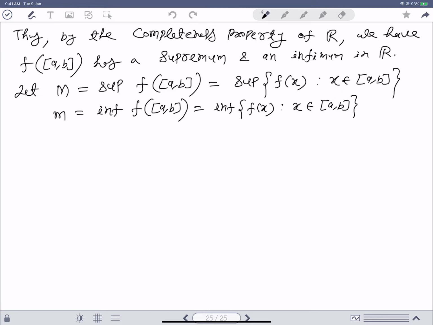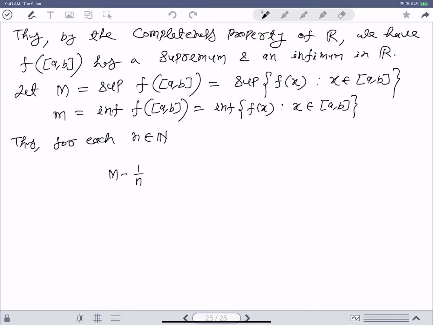Now see, for each natural number n, if we take M minus 1/n, then this is not an upper bound of the set f([a,b]), right?